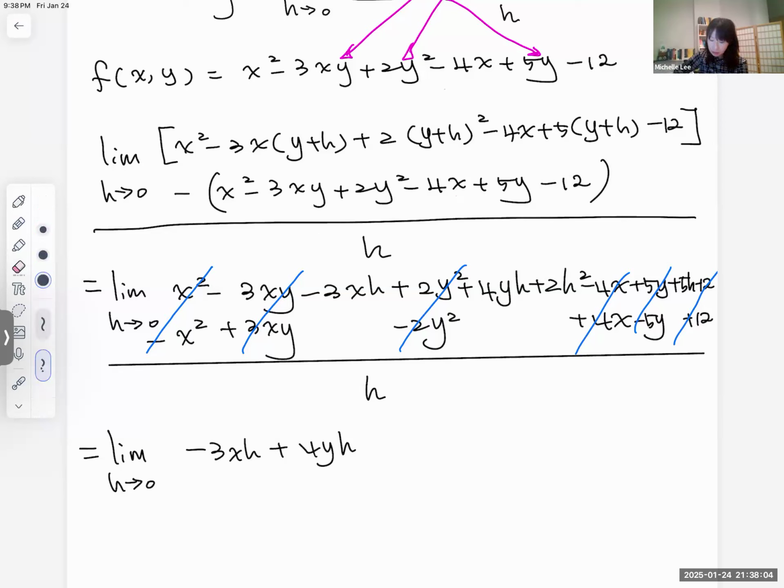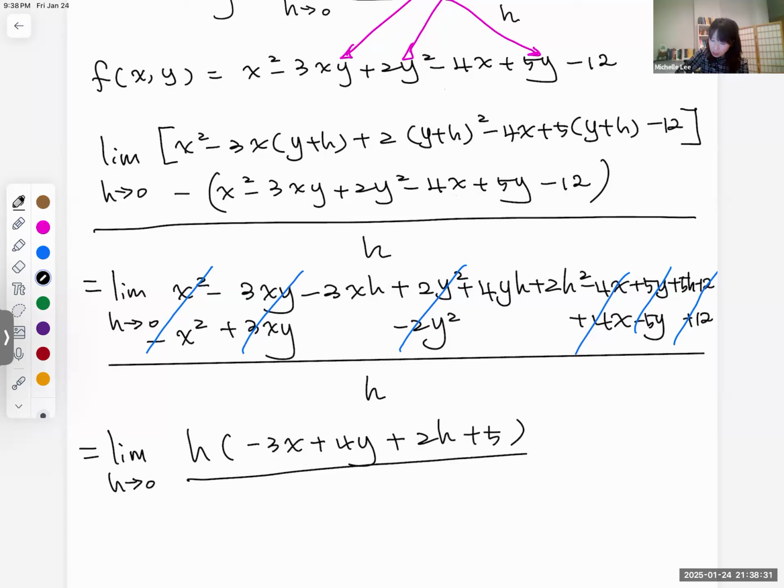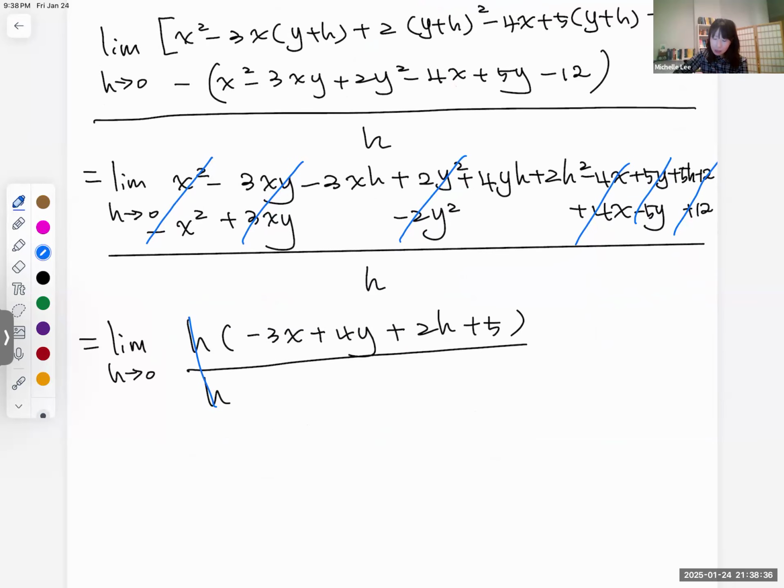This is like the Calculus 1 technique. So we have h out: negative 3x plus 4y plus 2h. And don't forget, we have a 5h in the middle, so plus 5, over h. Now we have that.